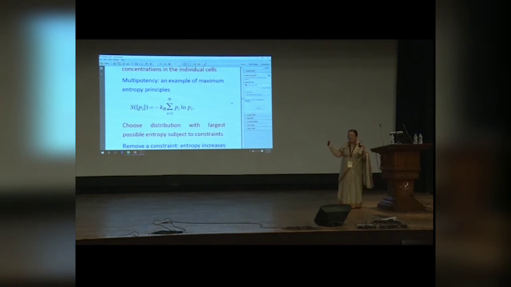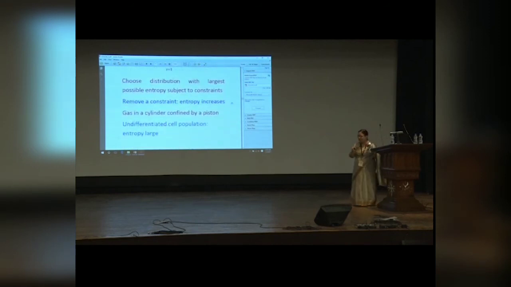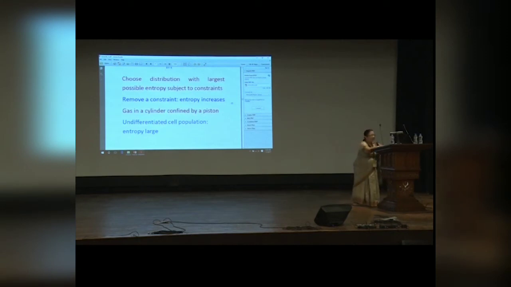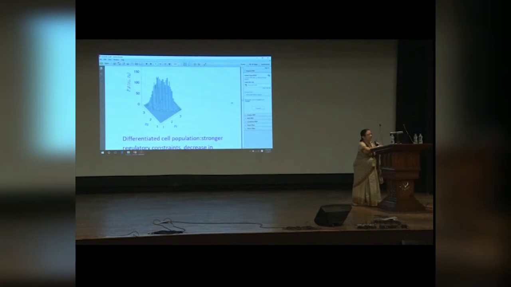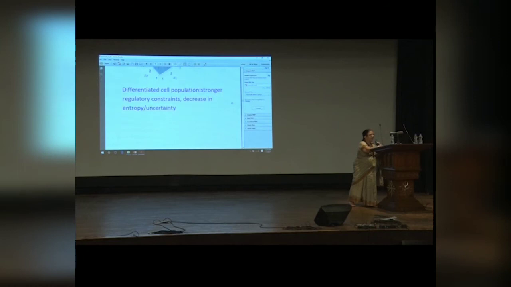And this is how we derive the Boltzmann distribution in statistical mechanics. So remove a constraint, entropy increases. For example, you have a gas in a cylinder confined by a piston. Undifferentiated cell population, entropy is large. Differentiated cell population, stronger regulatory constraints, x1 has to be much larger than x2, or x2 has to be much larger than x1. So decrease in entropy, uncertainty.